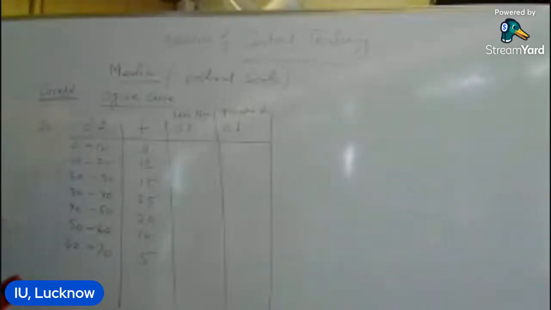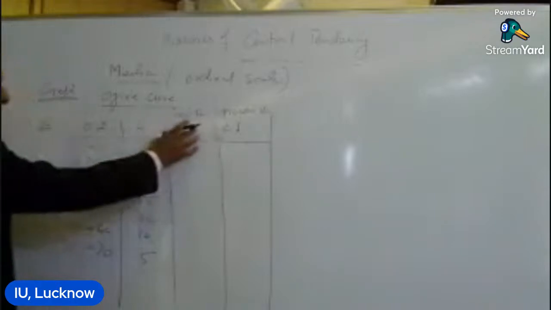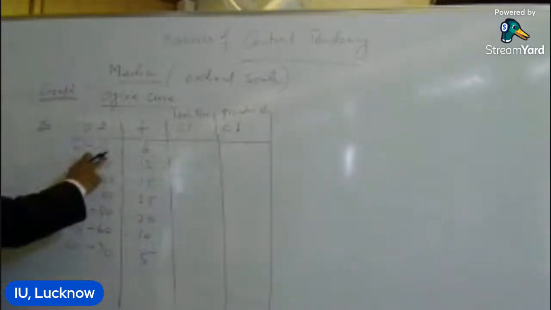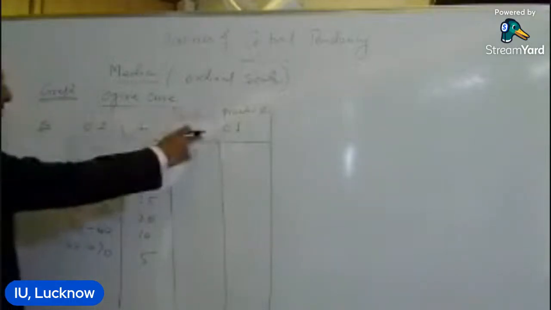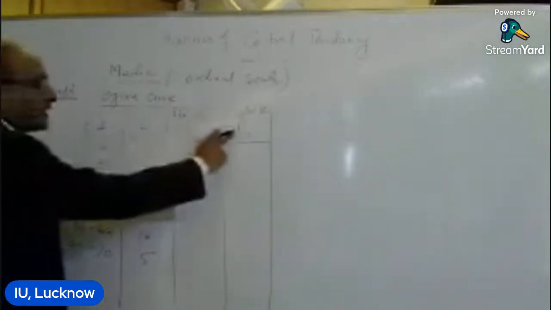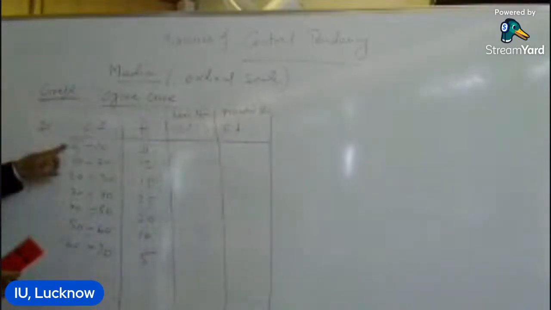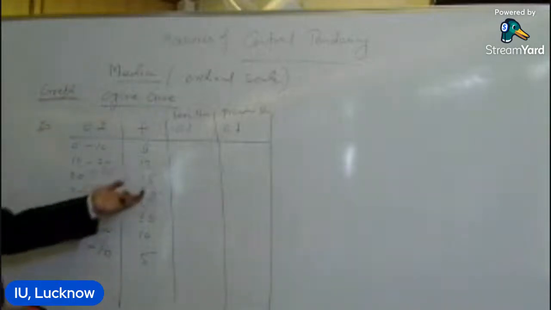So here, less than cumulative frequency, we can say less than 10, less than 20, less than 30. Less than is used for the upper limit, and greater than is used for the lower limit: greater than 0, greater than 10, greater than 20. So it is just the previous question.